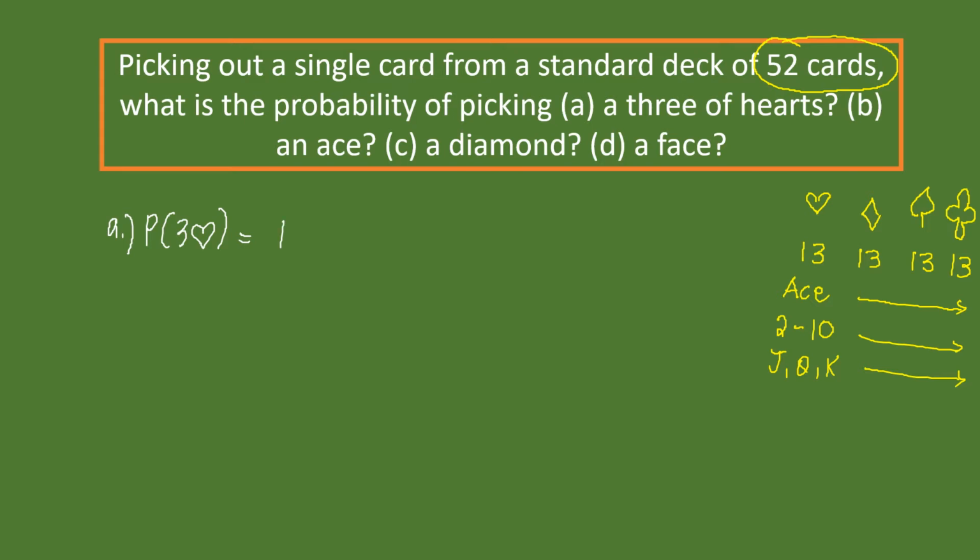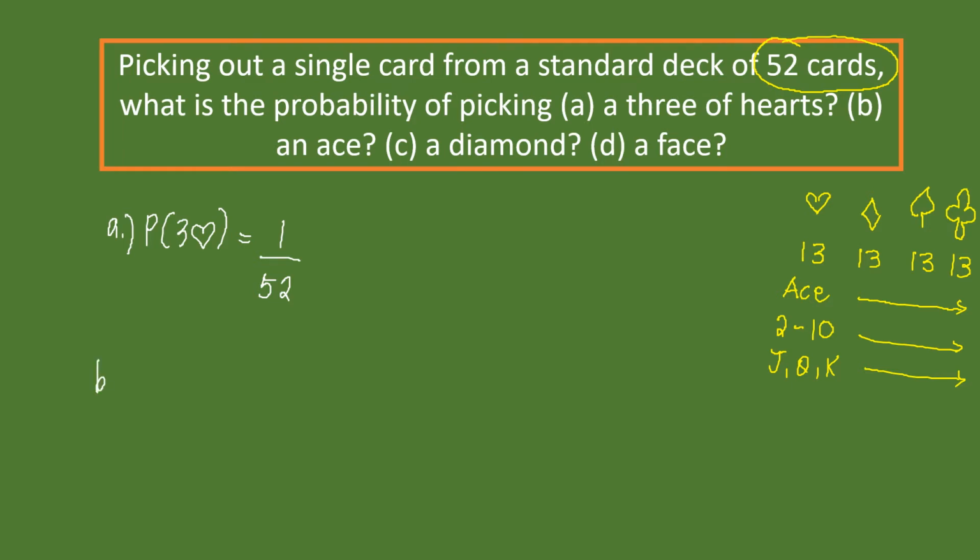So we'll put here 1. And then what is the total number of possibilities? There are actually 52 cards that we can select from. So we will write in the denominator 52. Hence, the probability of getting a 3 of hearts is 1 out of 52, or 1 over 52.